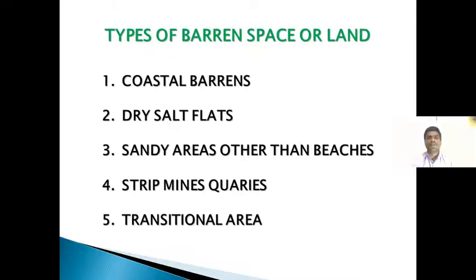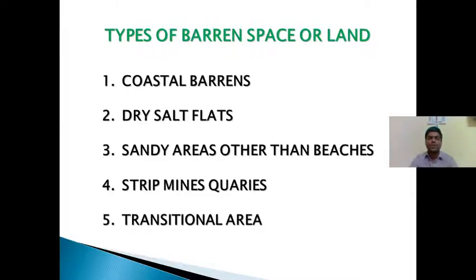Now we will see the types of barren land or barren space. Generally, the following five types are observed. First is coastal barrens, second dry salt flats, third sandy areas other than beaches, fourth strip mines and quarries, and fifth transitional areas.